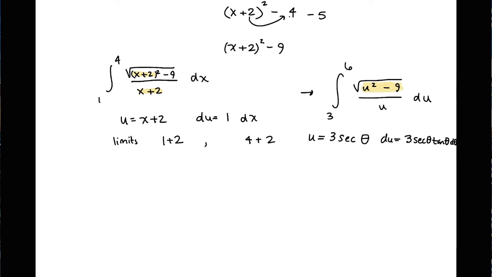So rewriting this, we need to change the limits again. So 3 secant 3, and then 3 secant 6.